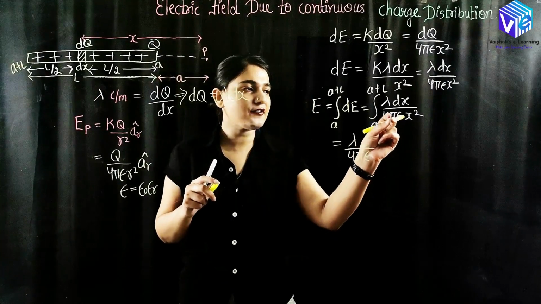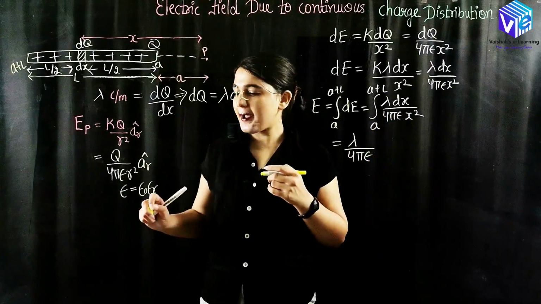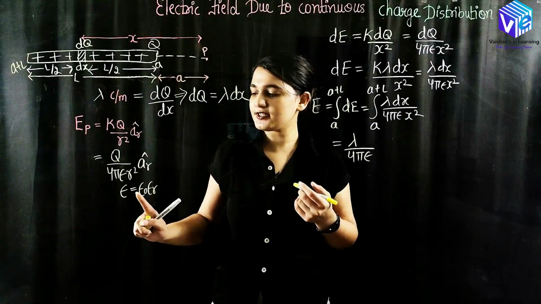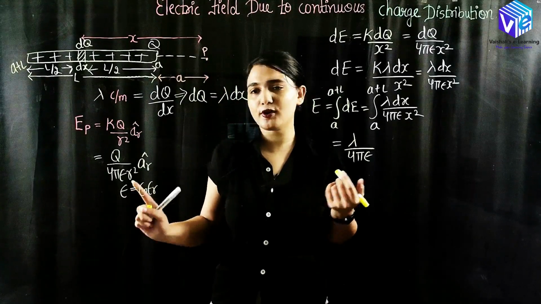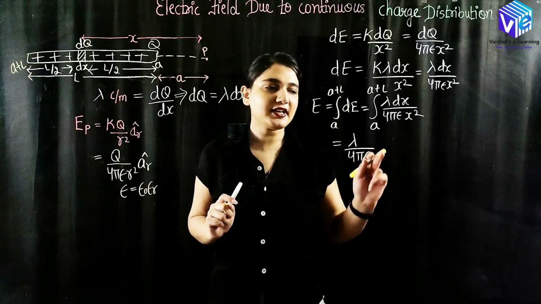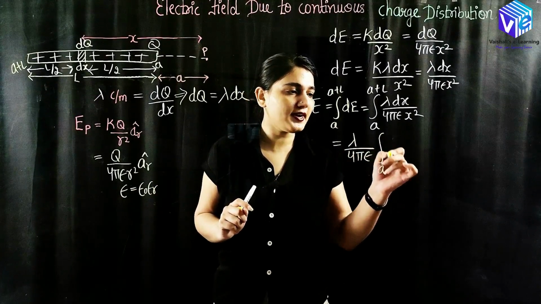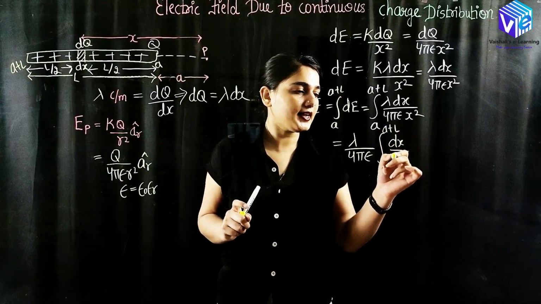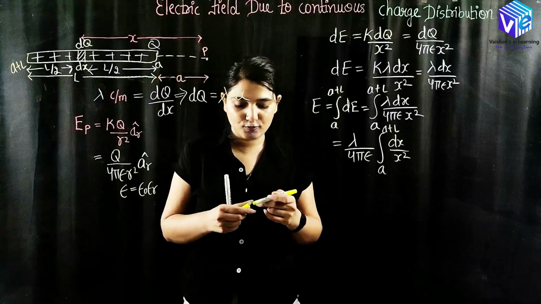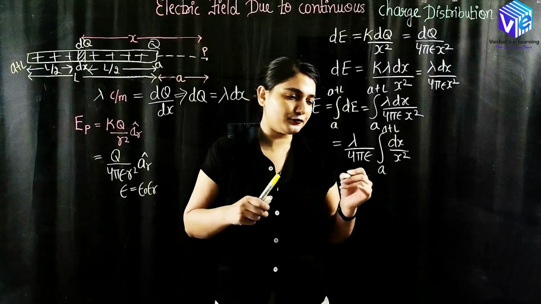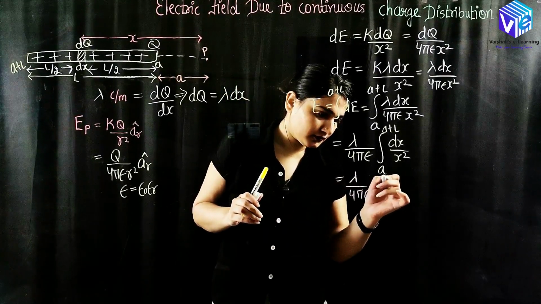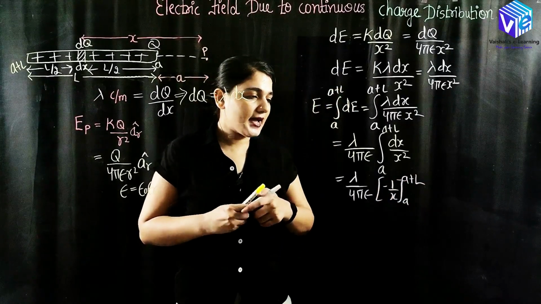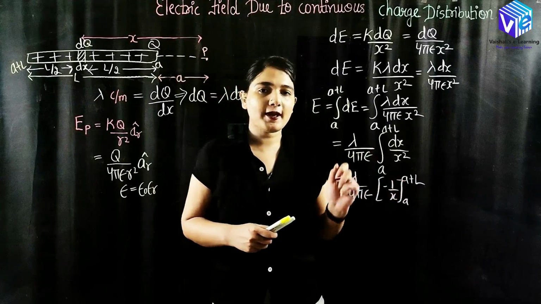For a given material, epsilon r is constant and epsilon naught is already constant, so epsilon will be constant. I have taken all of the constant things outside, and the integration is again from A to A plus L. We are left with the integration of dx upon x square, and this integration I know. The integration is minus 1 upon x from A to A plus L.